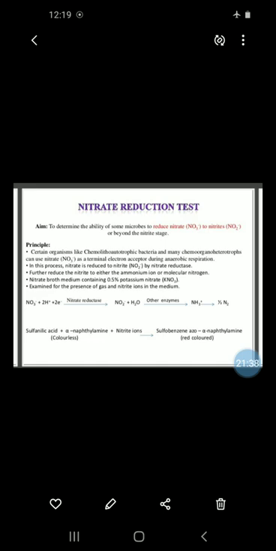The nitrate broth medium containing 0.5% potassium nitrate, KNO3, is then examined for the presence of gas and the nitrite ion in the medium.